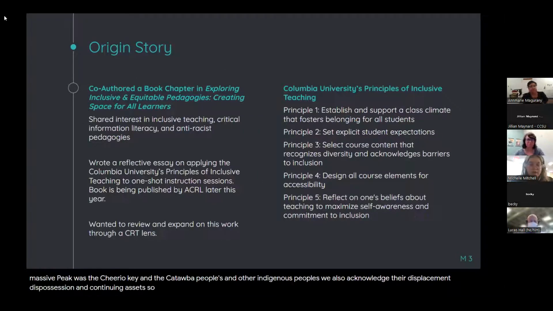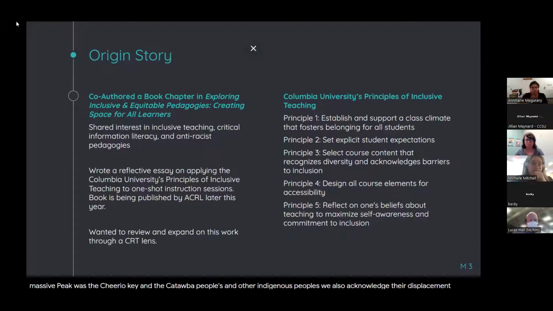So we just wanted to start out our presentation with a little bit of an origin story. We originally co-authored a book chapter in the forthcoming book, Exploring Inclusive and Equitable Pedagogies: Creating Space for All Learners, because we both have shared interests in inclusive teaching, critical librarianship, and critical information literacy, as well as anti-racist pedagogies.